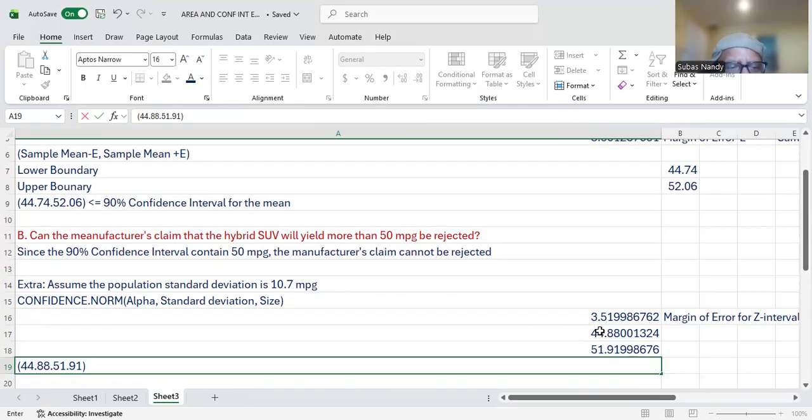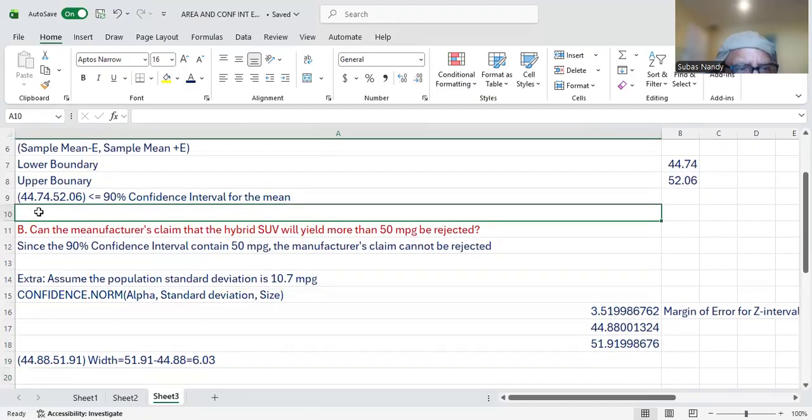The width of the interval is 51.91 minus 44.88, which equals 6.03.